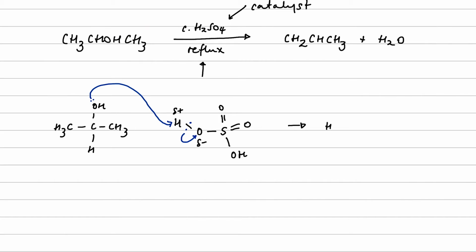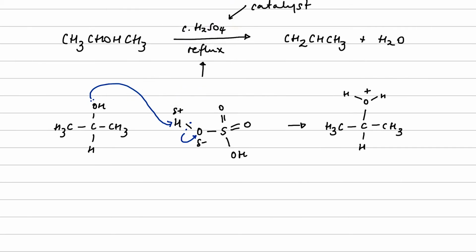So we've got our methyl group, our carbon, hydrogen, another methyl group, and at this point I have an oxygen bonded to two hydrogens, so it is positively charged. It's electron deficient. It's used one of its lone pairs to make the bond to the hydrogen.